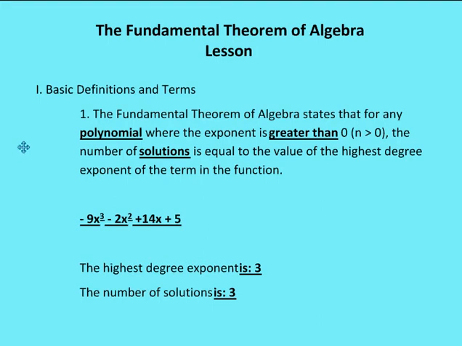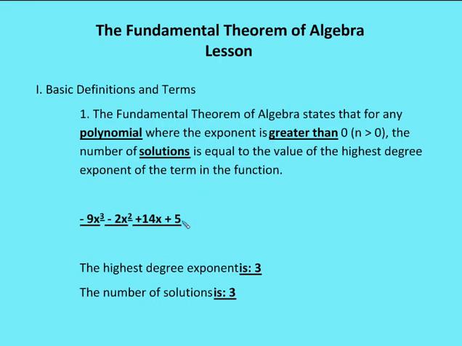So we go back to our original polynomial that we've been dealing with, I believe, for the past couple of lessons: negative 9x cubed minus 2x squared plus 14x plus 5. I find the term that has the highest degree exponent, that's going to be 3. And that tells me that there are going to be 3 solutions to that polynomial.